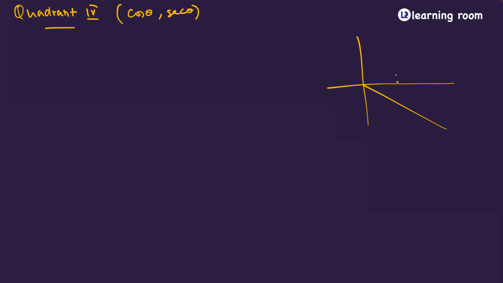So what about the fourth quadrant? In quadrant 4, cos theta and secant theta are going to be positive, right?